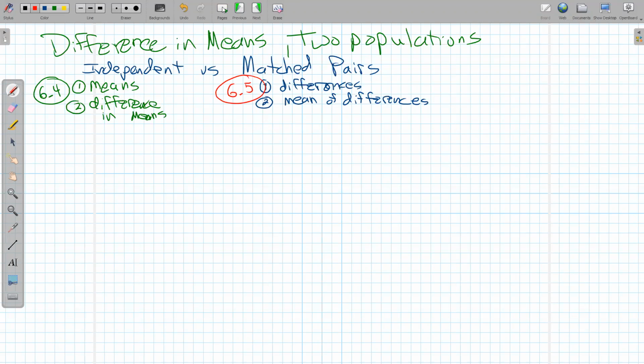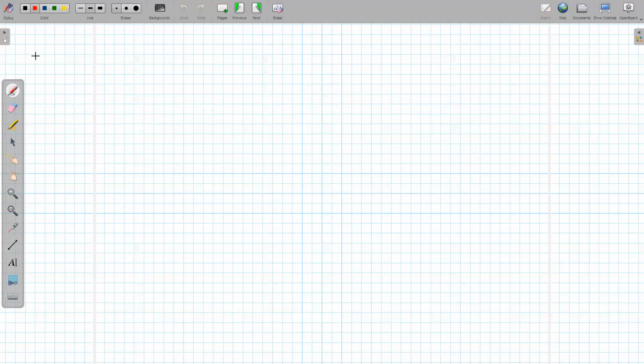So I'm going to bring up a new page. To be more clear, what we're looking at now is a difference in means for two independent populations.